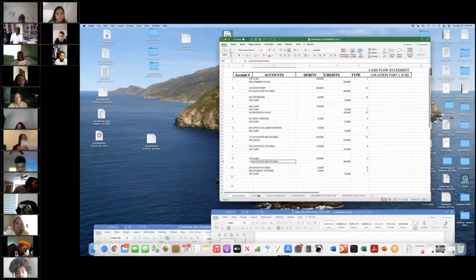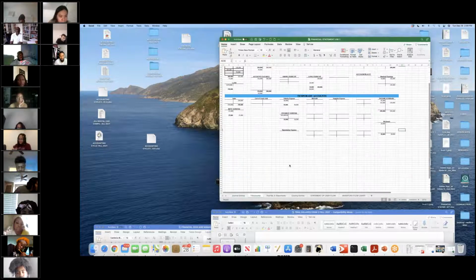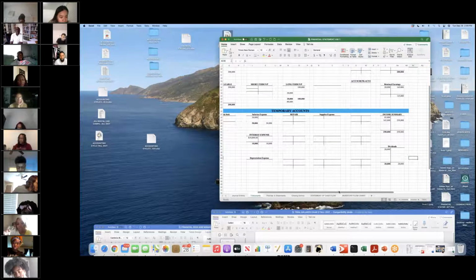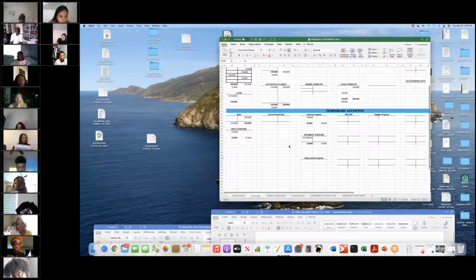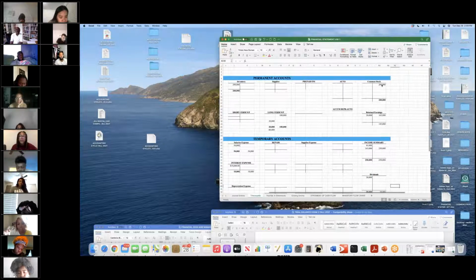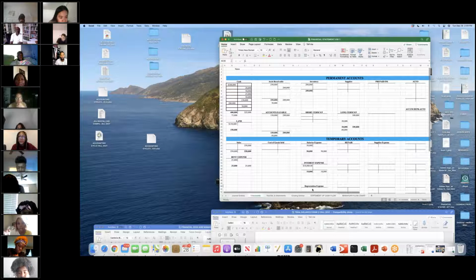So you should have posted all of these transactions. Like debit cash, 200,000. Credit common stock, 200,000. So I'm assuming you can post. And now we're going to go to the trial balance.